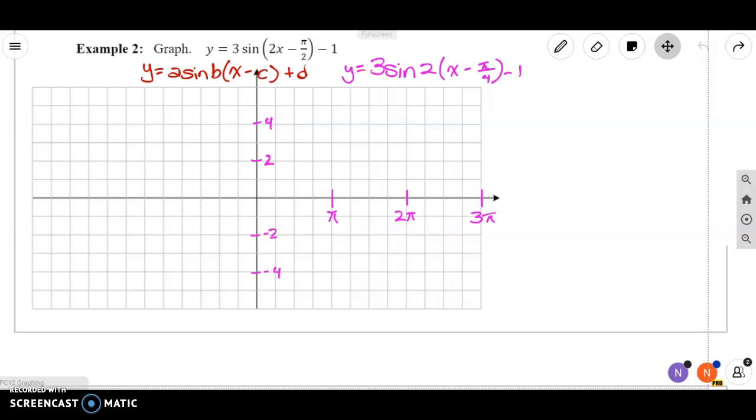So same as last time, we can use our d value to find our midline. In this case, our midline is -1, so that means our graph is going to be centered around the y value of -1. I'm just going to put in a little dashed line there so I have something to work off of.